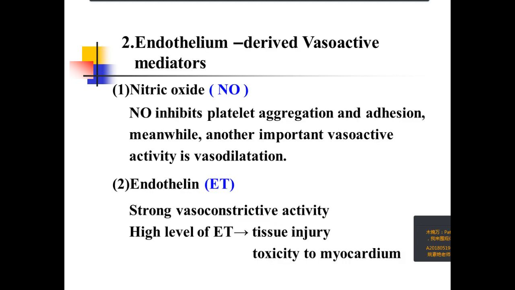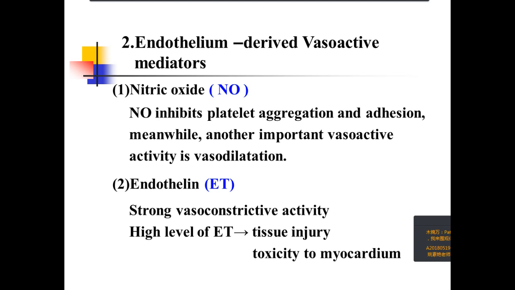Now endothelium. Nitric oxide causes vasodilation. During the stagnant hypoxia stage, it increases and leads to vasodilation. Endothelin leads to vasoconstriction.